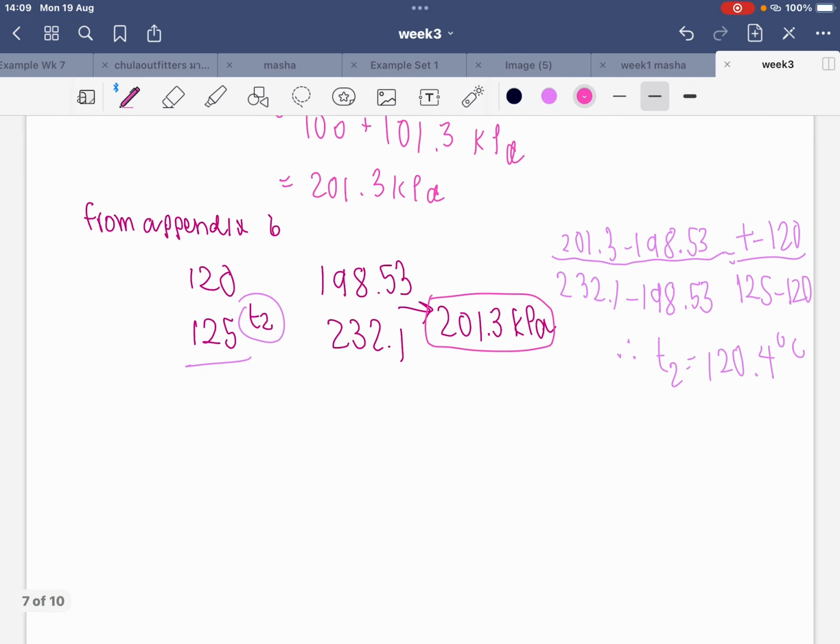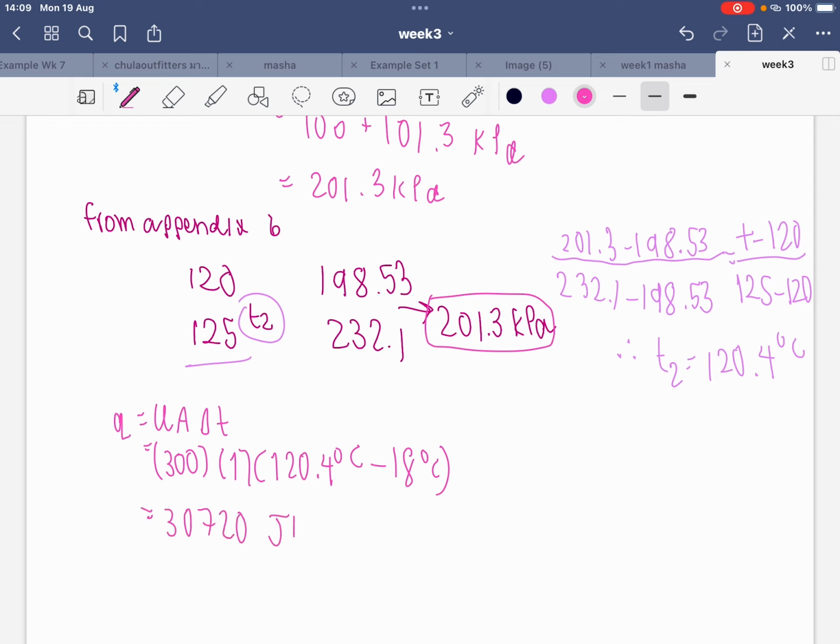Okay, so Q is equal to U A delta T, which is 300 times 1 times 120.4 minus 18 degrees Celsius, joules per second, or 30.72 kilojoules per second.